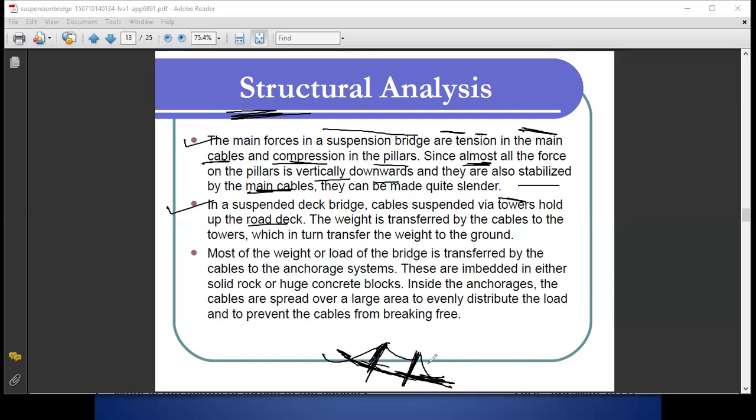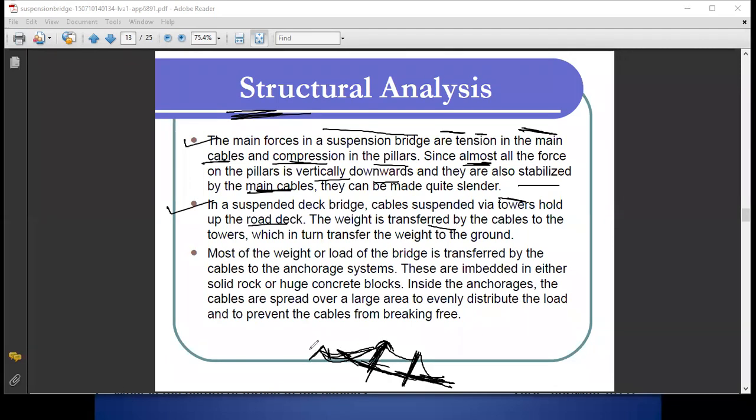The weight is transferred by the cables to the towers, which in turn transfer the weight to the ground through the anchor cable.